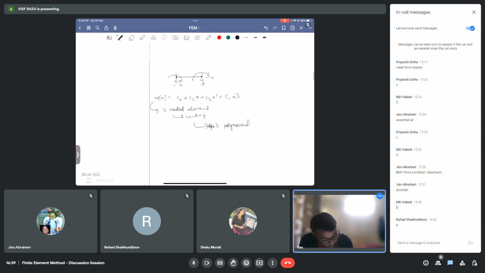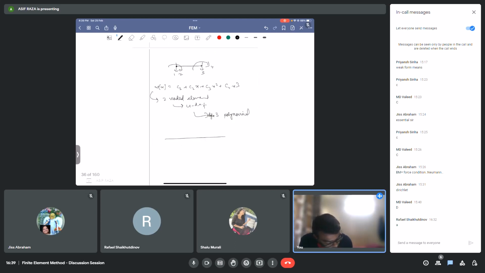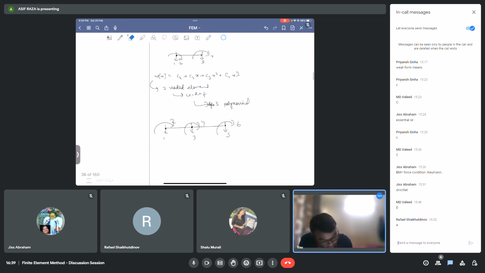Right? So when the question says we take a 3 noded beam element, our degrees of freedom will be what? 1, 2, 3, 4, 5, 6, right?